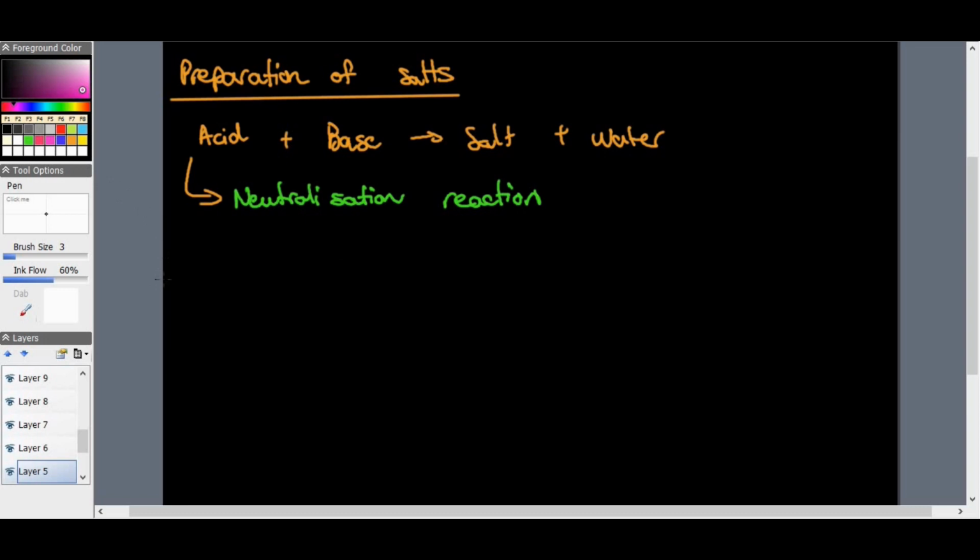Example, what happens if we take an acid such as H2SO4, which is clearly our acid, plus KOH, which is potassium hydroxide. We get the products K2SO4.